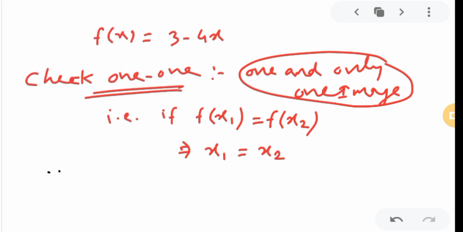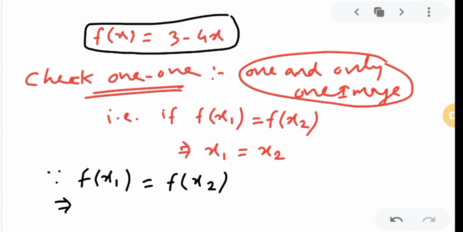Since f(x1) is equal to f(x2), by using the definition f(x) = 3 - 4x, f(x1) will be equal to 3 - 4x1. Instead of x, you will write x1.